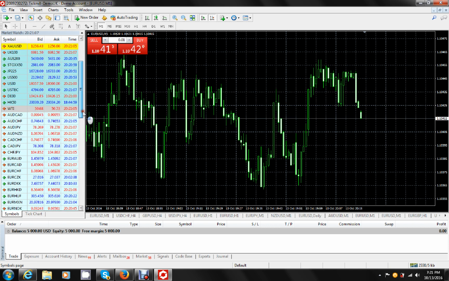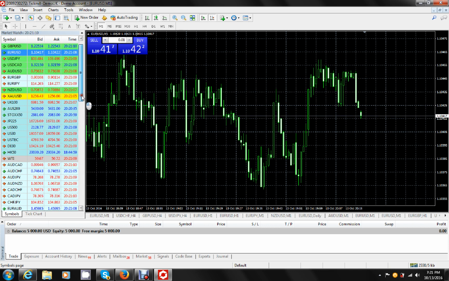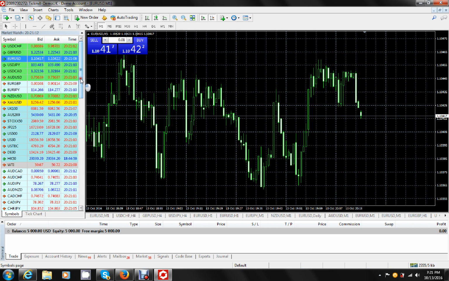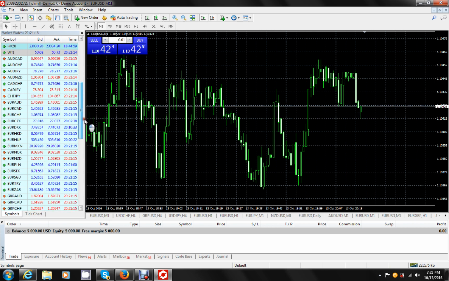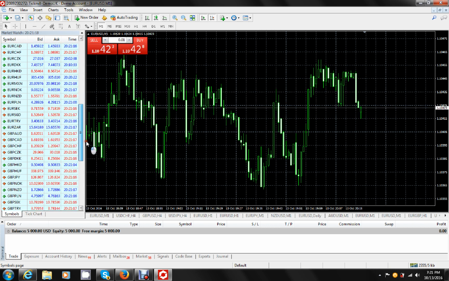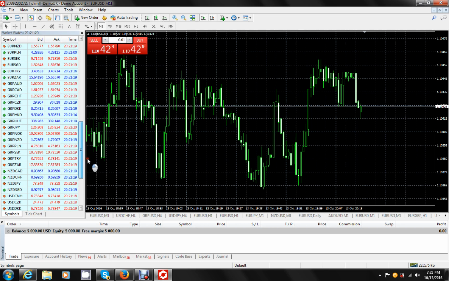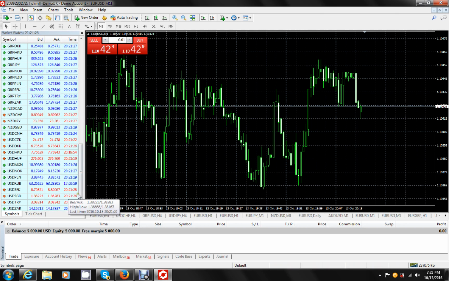I want to show you what's happening here. I'm looking for the USD against the ZAR. Here, USD ZAR. Can you see that?